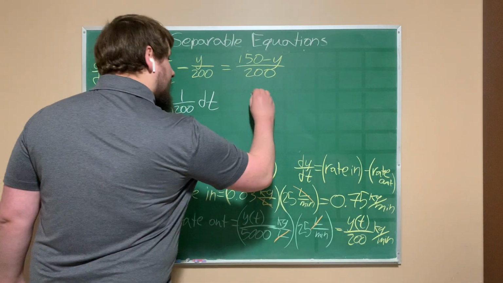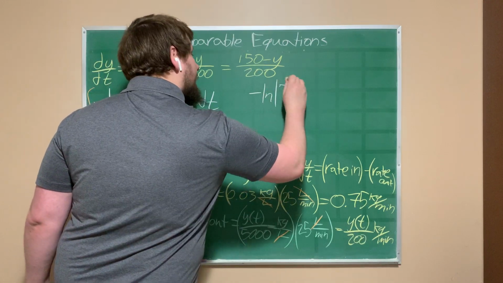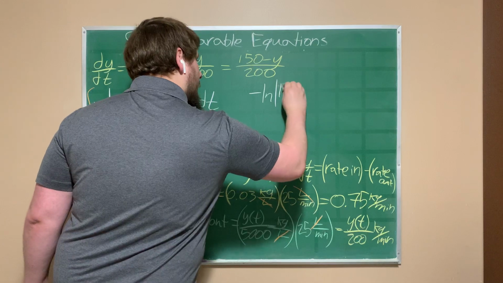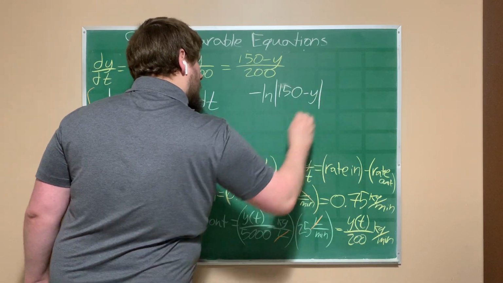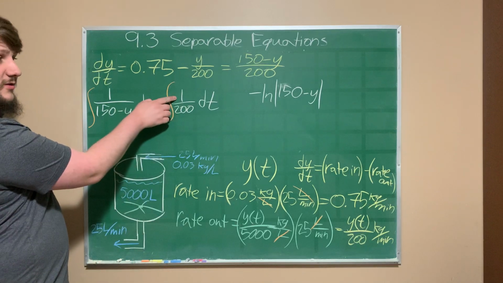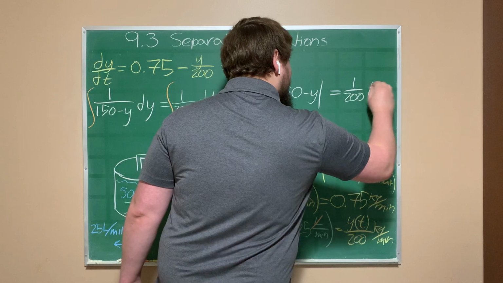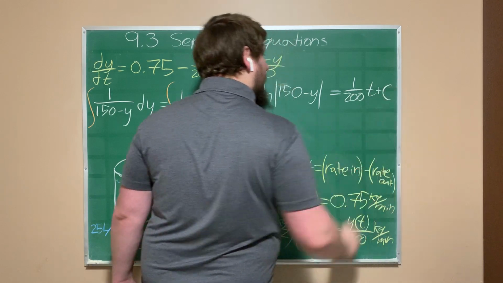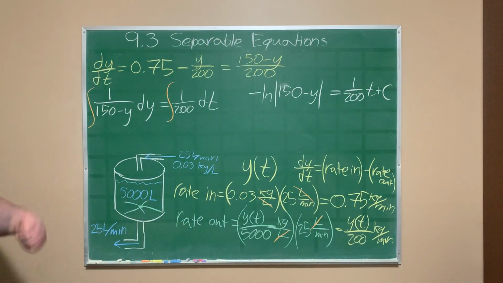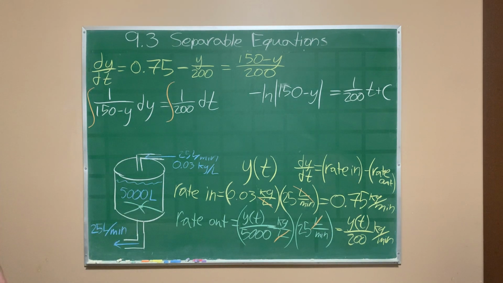So we're going to have negative the natural log of the absolute value of 150 minus y is equal to the antiderivative of the other side. We have just a constant here, so we're going to get 1 over 200 t plus our constant of integration. Once again, it doesn't matter where we put the plus c, we just want to have only one for simplicity here.